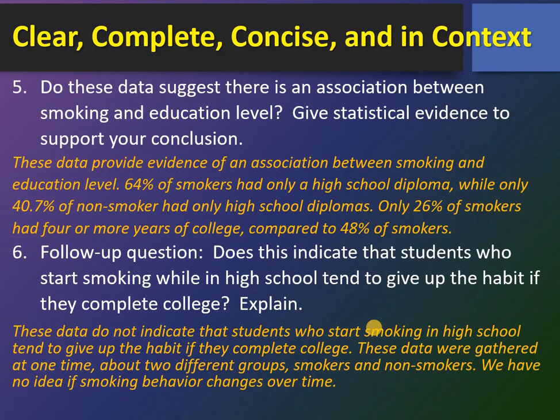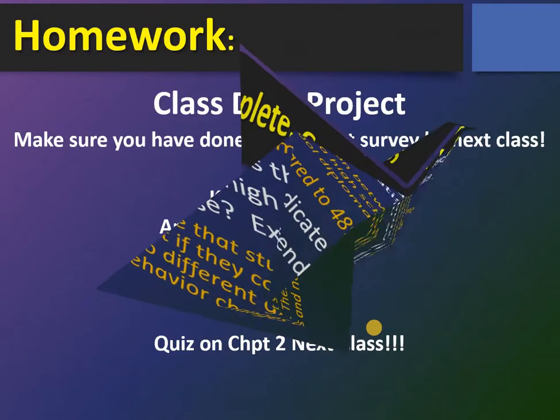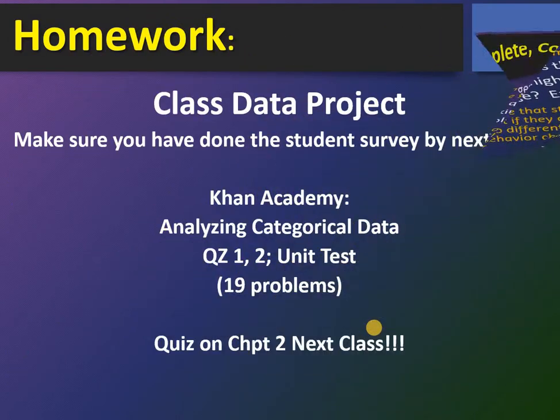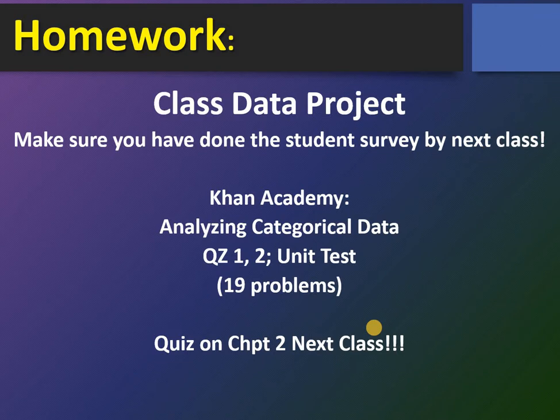Okay. So we've done good progress so far. I want to talk really quick, and then I'm going to give you guys a practice problem. Y'all have something for this chapter called the Class Data Project. Okay? Guess what it's about? Data from your class.